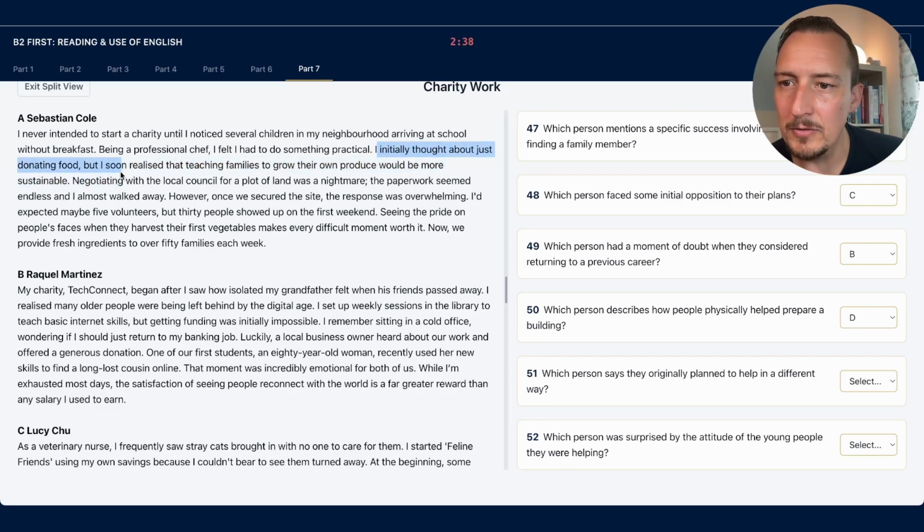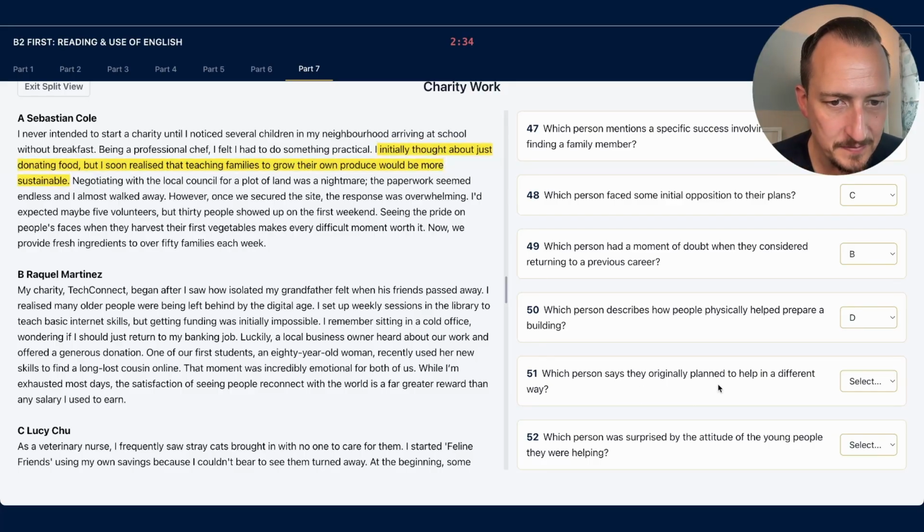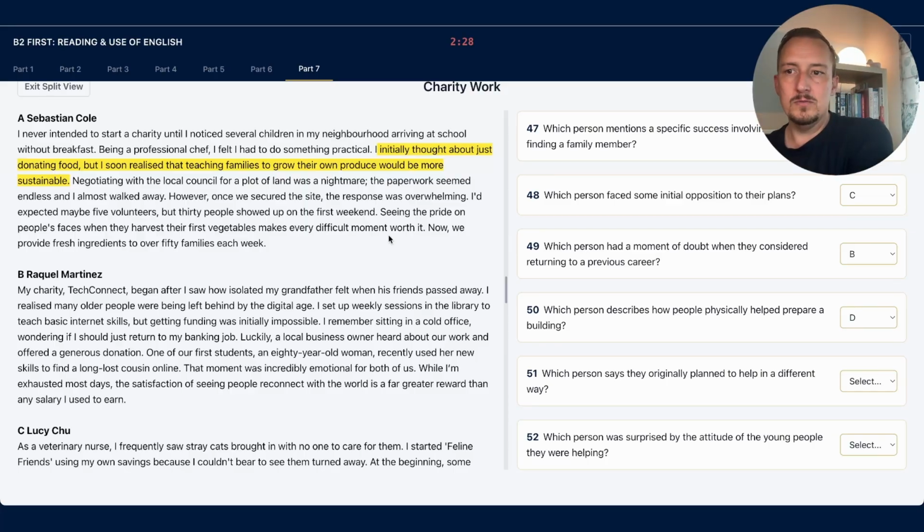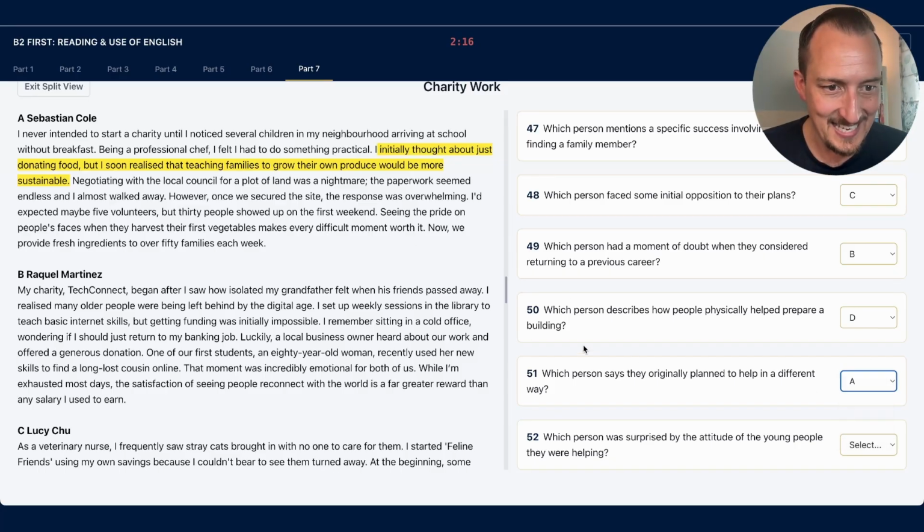I initially thought about, but I soon realized teaching. Right. Which person says they originally planned to help in a different way? This looks to be the different way. I originally thought about just donating food. That's one way, but I soon realized that teaching families to grow their own produce would be more sustainable. That's another way. So yes, I think it is A. Perfect.